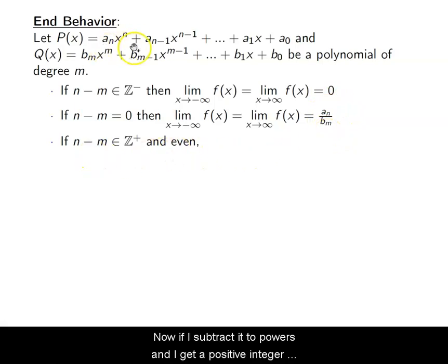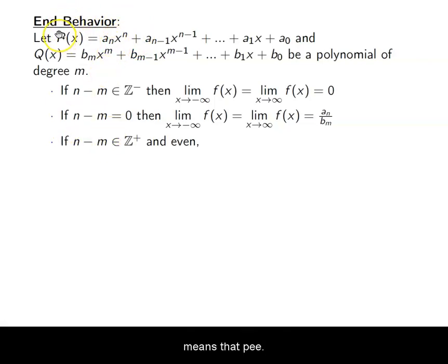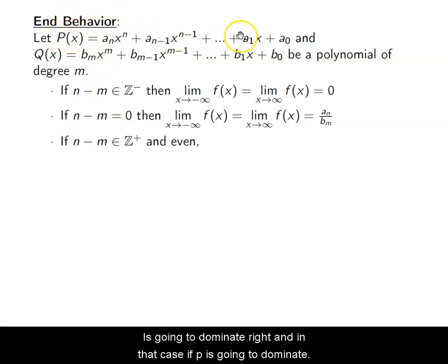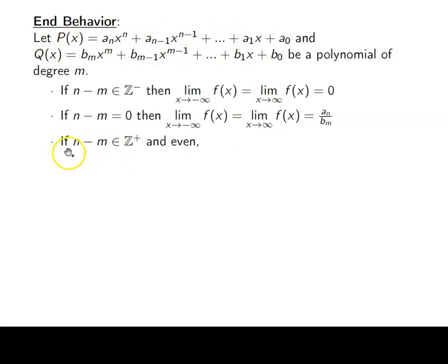Now, if I subtract the two powers and I get a positive integer, that means that my p function has a higher degree, right? If the p function has a higher degree, then p is going to dominate. And in that case, my limit as I go to infinity or negative infinity is basically going to act like a polynomial of degree n minus m, right?